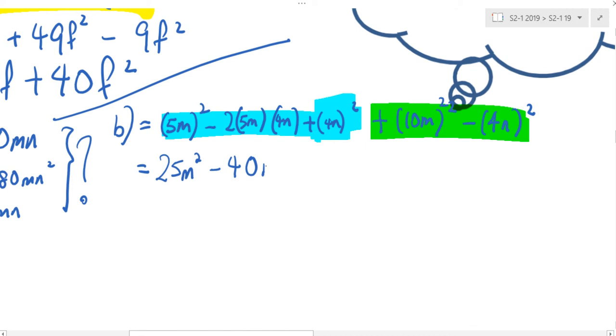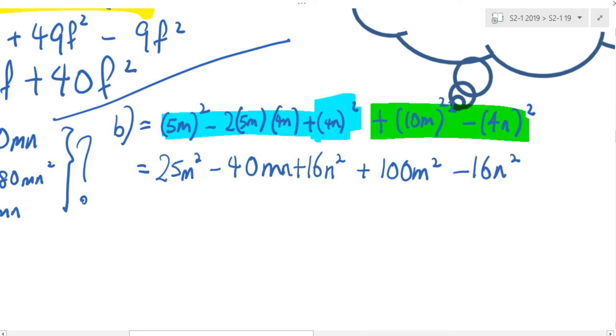Negative 40mn. Next one, what is 4n square? Plus 16. Oh, there's an mn. Right, Sean? Okay. Then what is 10m square? What do you get? 100m square. What is minus 4n square?